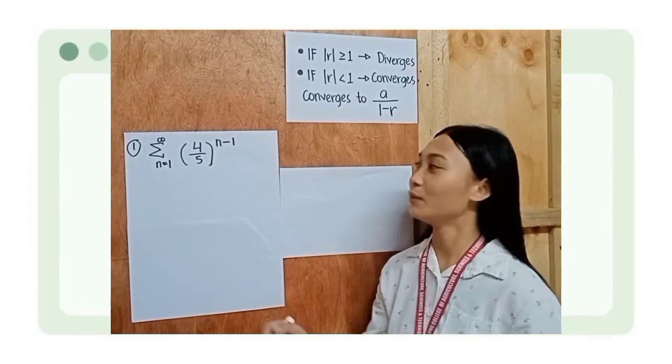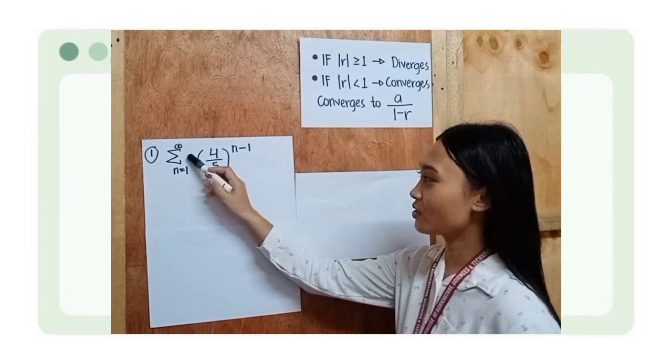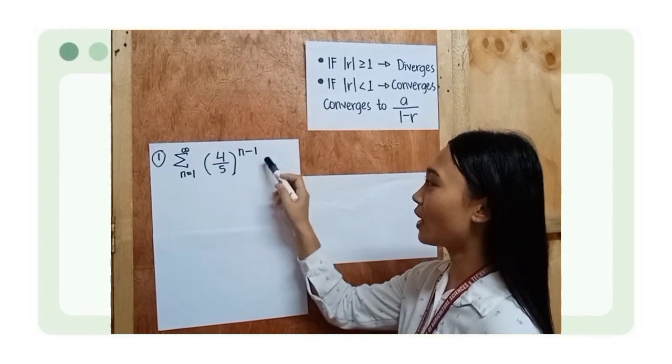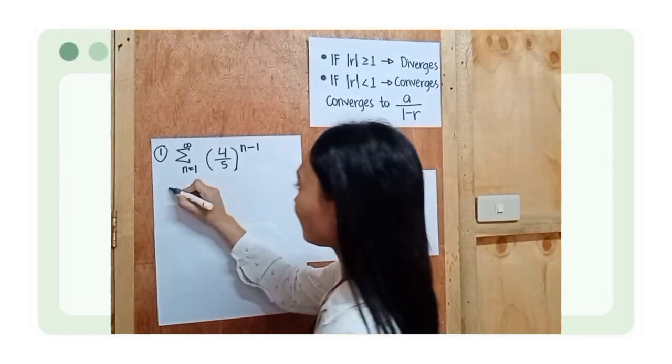For example, the summation of n equals 1 to infinity of 4 over 5 to the power of n minus 1. So first step, we need to find our first term.